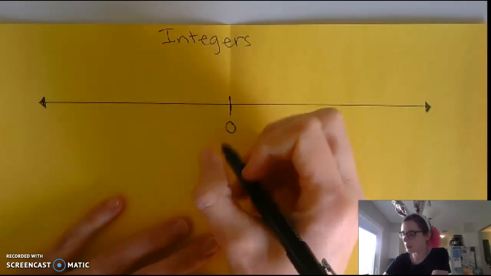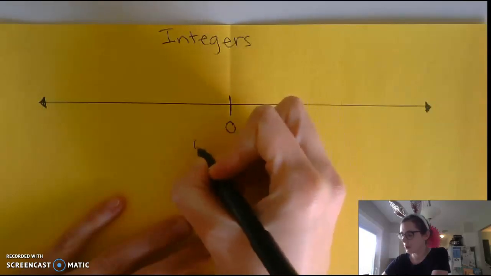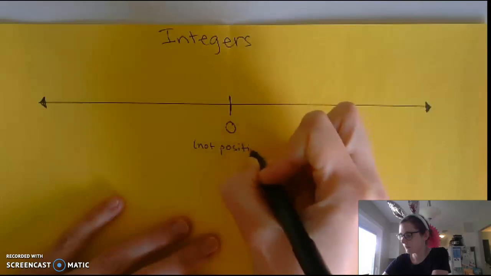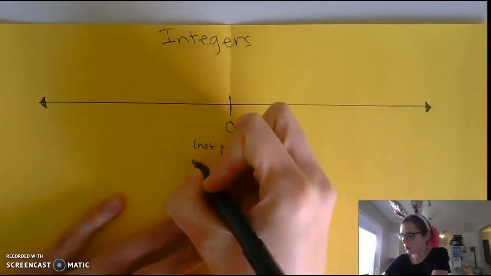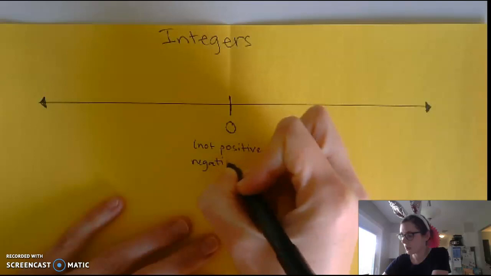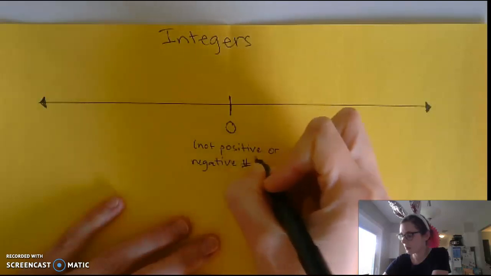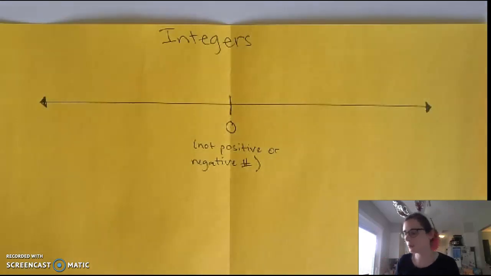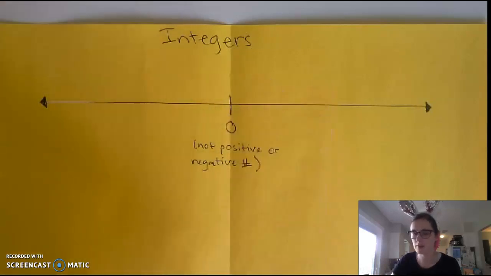So if you want to write that underneath 0, you can. So not positive or negative number. Okay. So that's really important to remember when we talk about a number line, because 0 has it's neither. It's the middle of it.